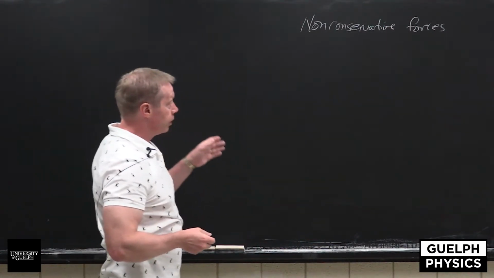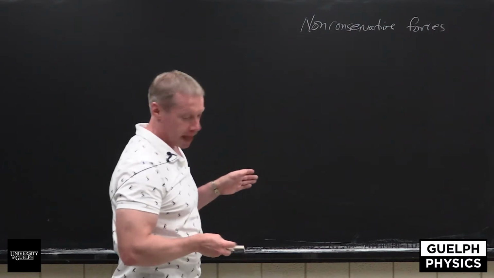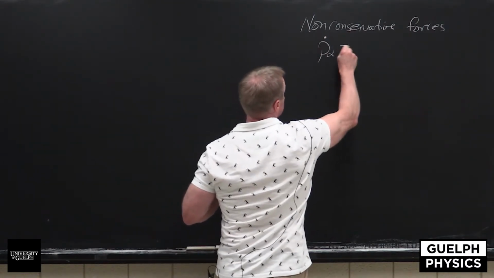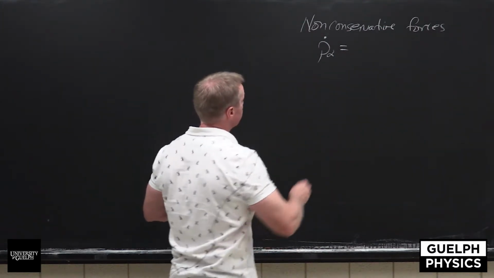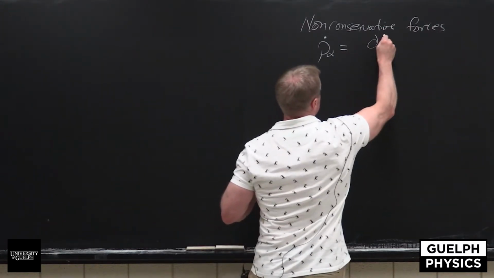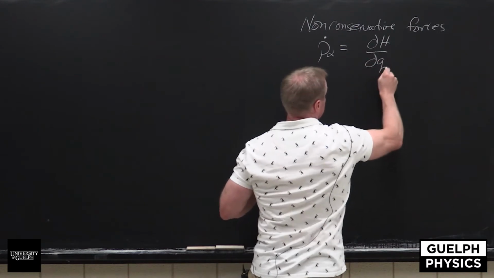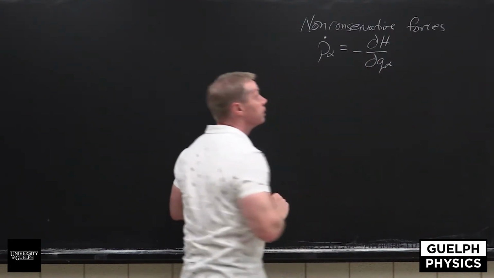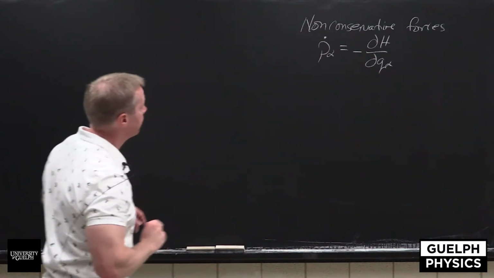So we have Hamilton's equation, P alpha dot is ∂H/∂Q alpha, with the minus sign, yes, with the minus sign.